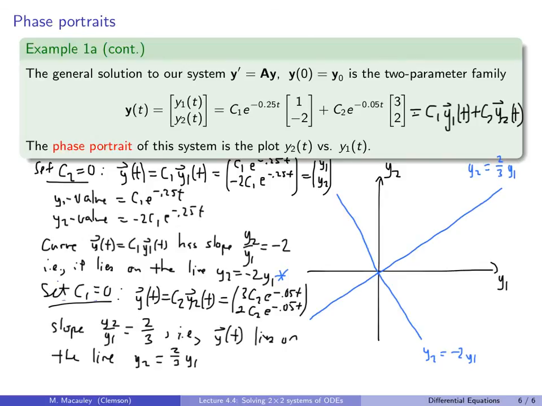So I claim that if we start up here somewhere for time equals 0, and then as time goes on, we're going to be diving toward the origin, toward our steady state solution. And again, I've not shown that mathematically. Actually, let's do that right now. So let's think how I want to organize this. So up here, let's do this.